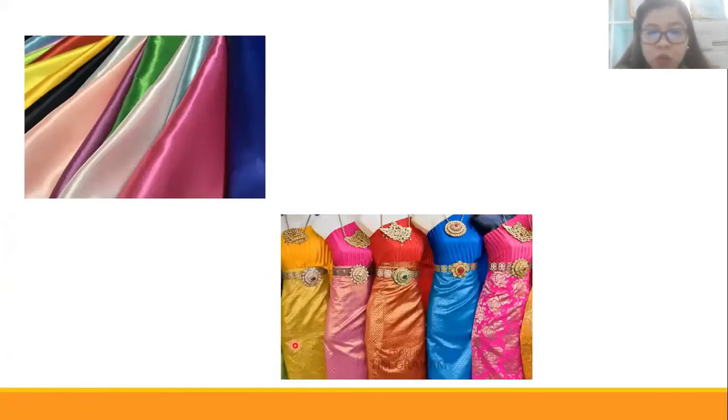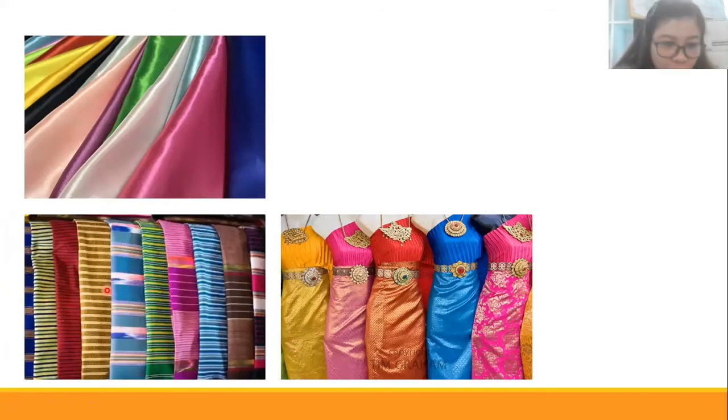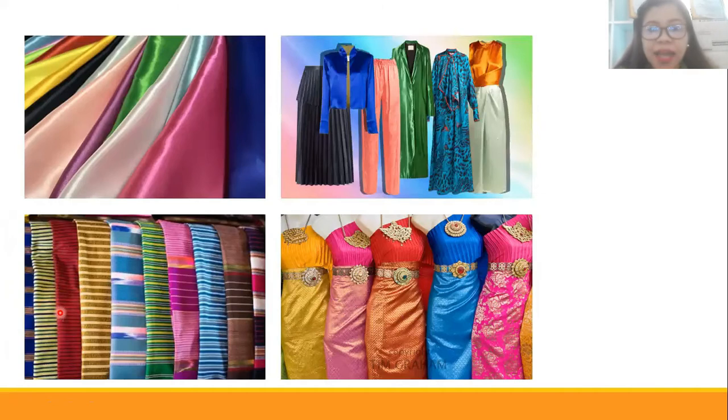So here are examples of clothes that are made of silk. We have this one. And we also have ties made of silk. We also have this one, different silk ties, different designs, colors, and stripes.